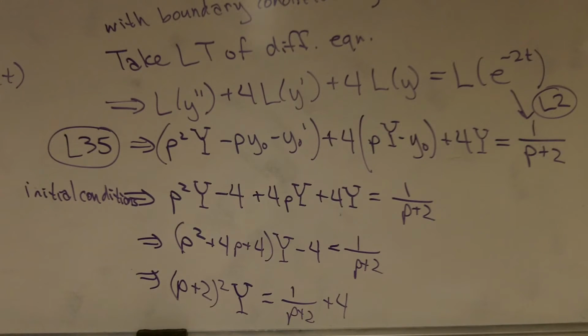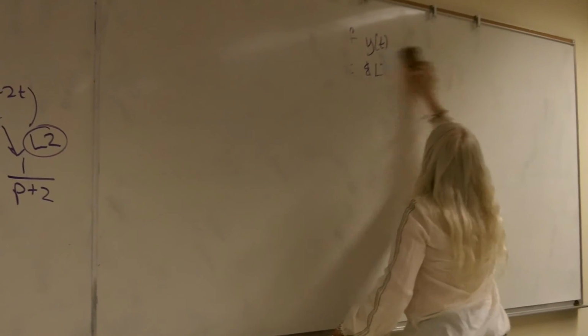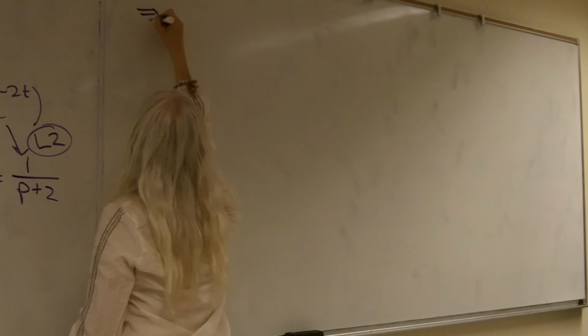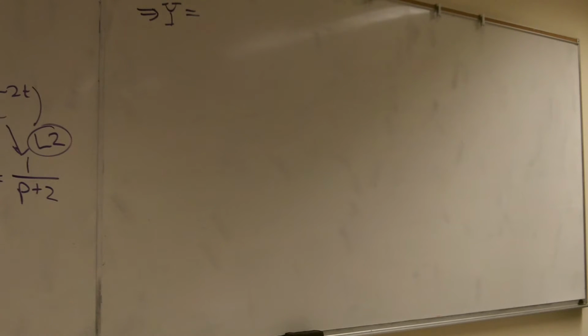Right? So we want to solve for capital Y. So we solve for capital Y by dividing by the quantity p plus 2 quantity squared.